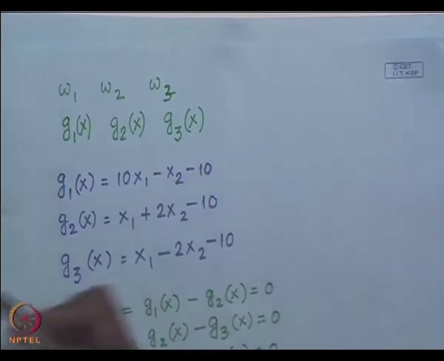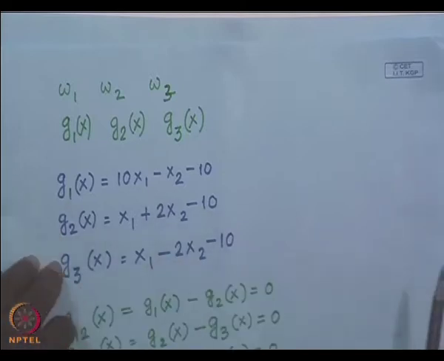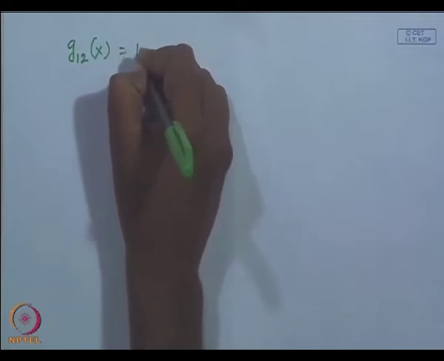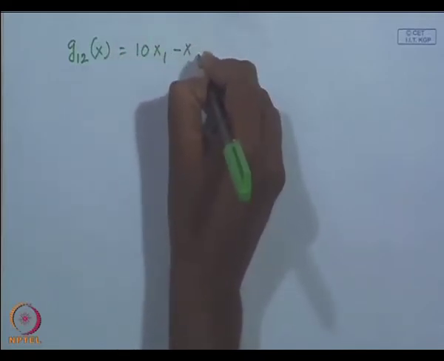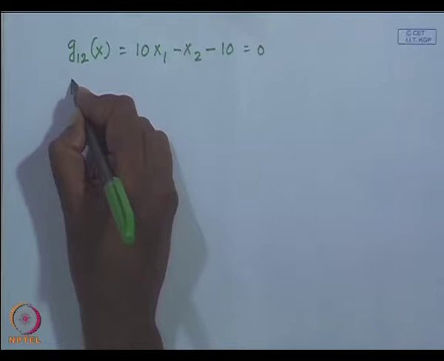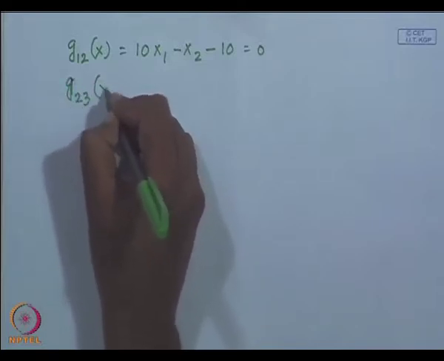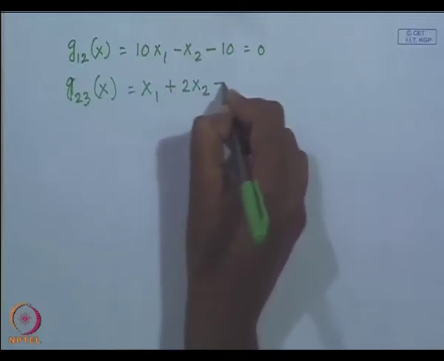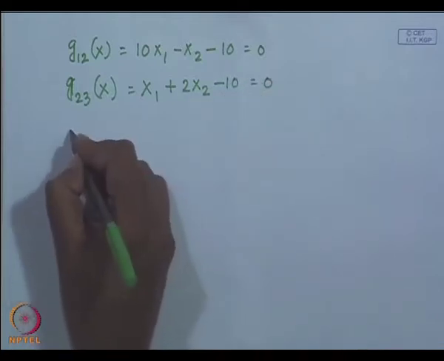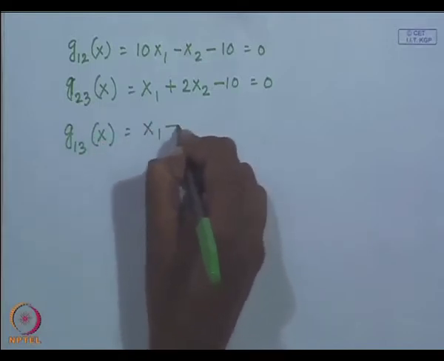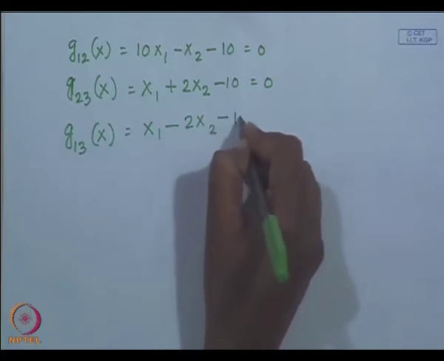In other words, say G12x is equal to 10 x1 minus x2 minus 10 is equal to 0, G23x is equal to x1 plus 2 x2 minus 10 is equal to 0, and say G13x, which is x1 minus 2 x2 minus 10, is equal to 0.